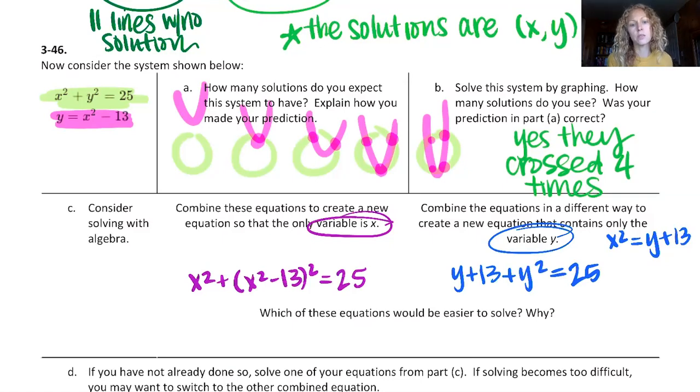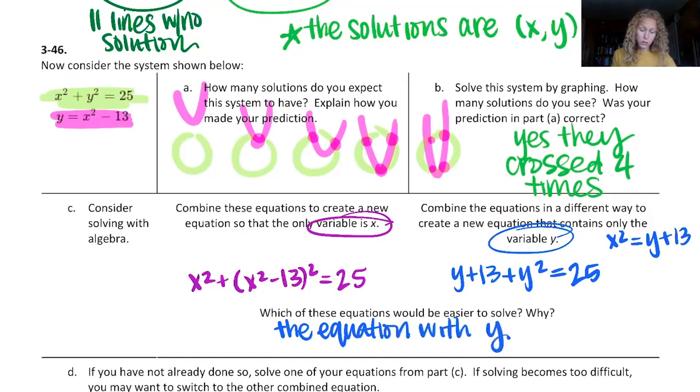Which would be easier to solve and why? I would definitely pick the y equation. The highest power in the equation with y is 2, so it is just a quadratic to solve.